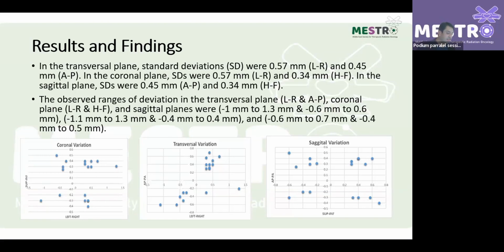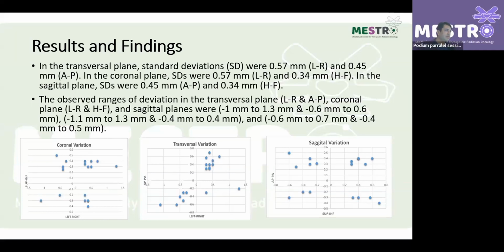And for the sagittal plane, it was -0.6 millimeter to 0.7 millimeter and 0.4 to 0.5 millimeter. You can see from his data, it was within 2 millimeter.